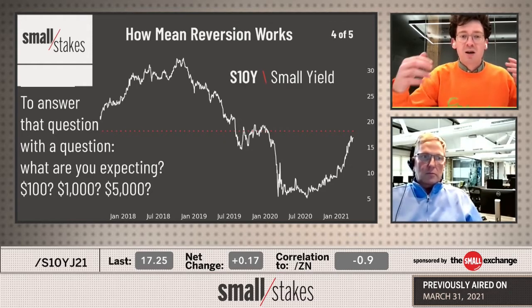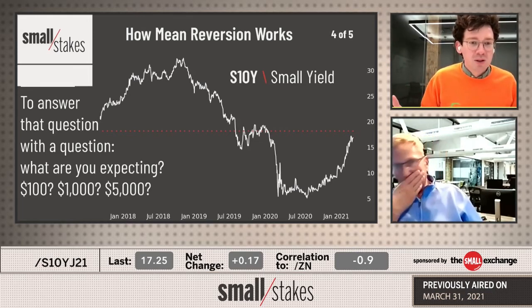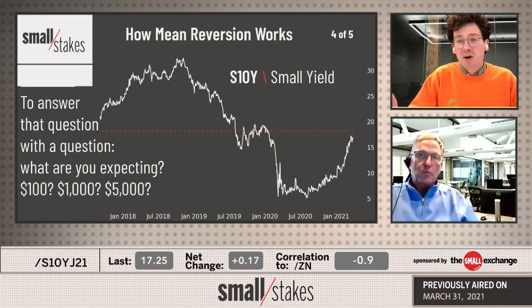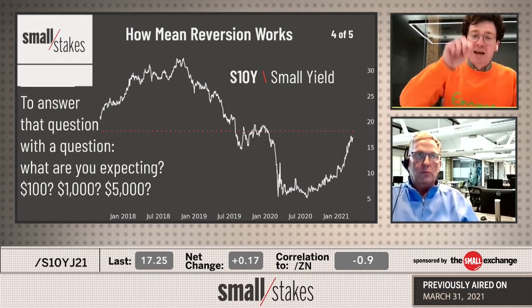So you need to add a time aspect to it. And so with that, I'll answer the question with another question. What are you expecting from this trade? Are you expecting $100 out of trading the S10Y product on this long-term reversion? That's probably not enough, because then you are literally buying the 19s and selling the 21s, and it's not that tight, right?